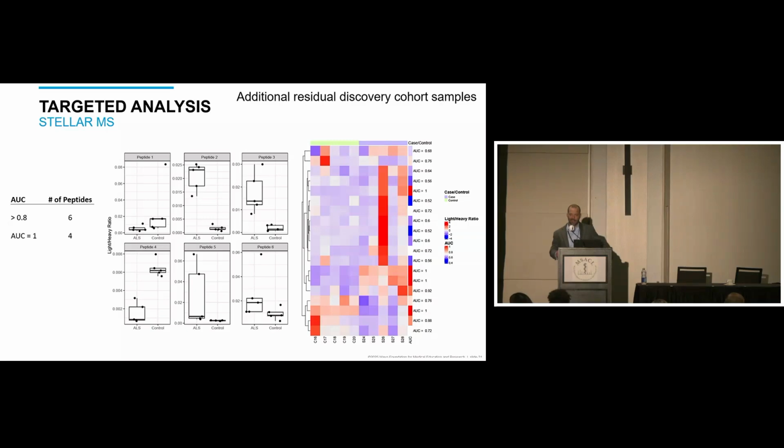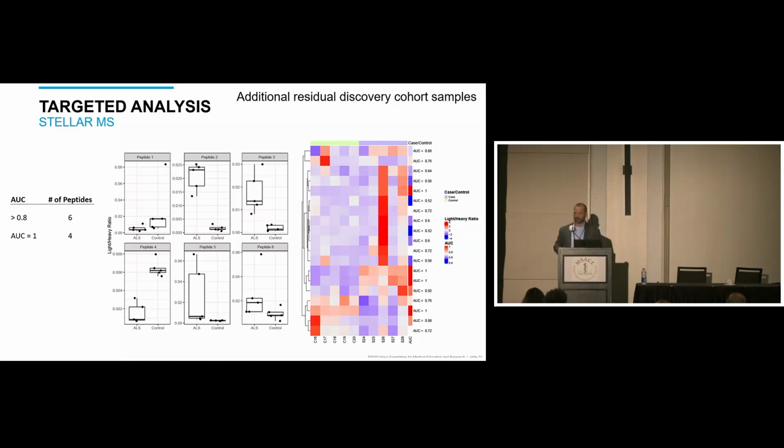And then 6 of the peptides had an AUC greater than 0.8. So this is really promising. You can kind of see too some of the variability in the sample. So we had one sample who was just super high for everything. So we are seeing a lot of the targets that we weren't seeing before, seeing some variability amongst the patients, but we're moving in the right direction.